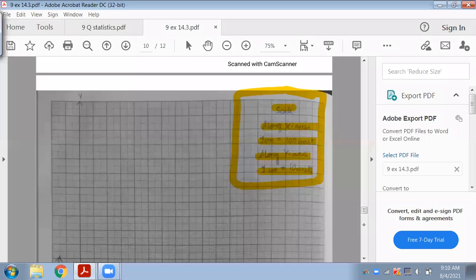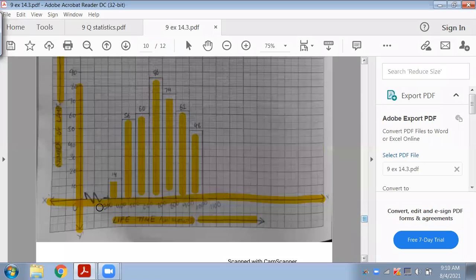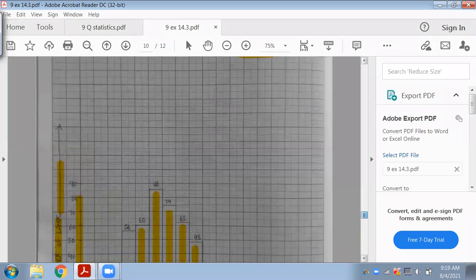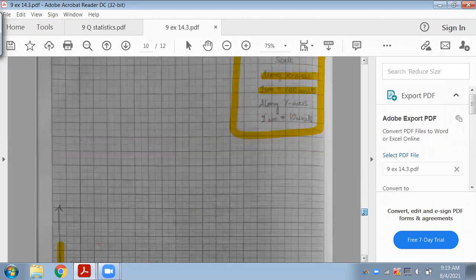Scale along the x-axis, we have taken 1 cm as 10. So we'll write scale, along x-axis 1 cm equal to, not 10, 100 unit.